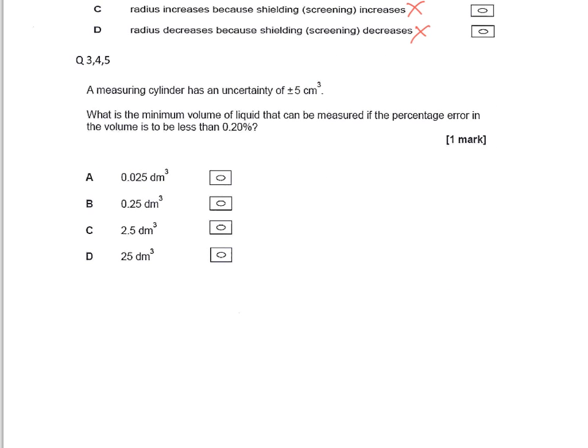To work out the uncertainty, or the percentage uncertainty, what we want to do is take the uncertainty in the equipment, divide it by the quantity measured, and as it's a percentage, times it by 100.